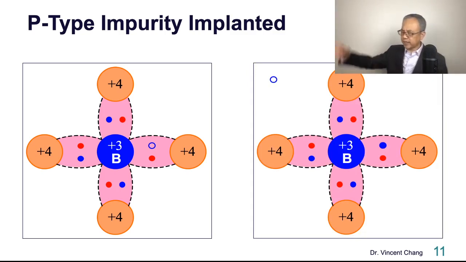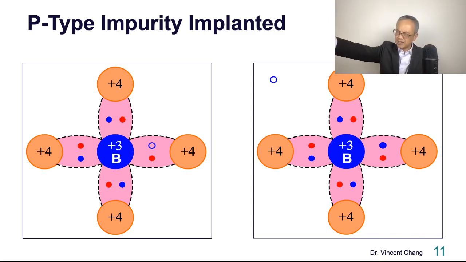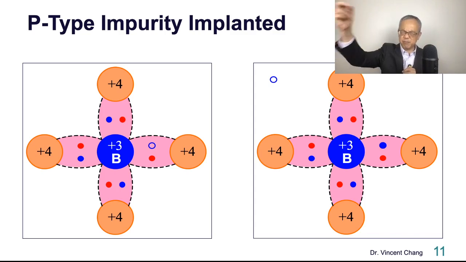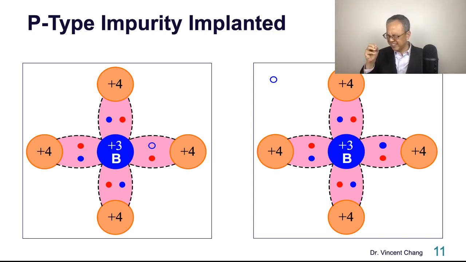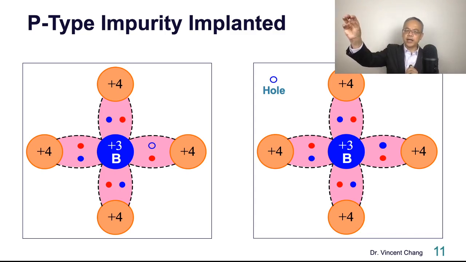So once this happens, if we get one more electron to take the spot, then what does that mean? That means the system, the parental body, releases a positive hole, releases an empty spot. That empty spot can be depicted as a positive charge carrier, which is called the hole. So you can say we donate a hole, okay?